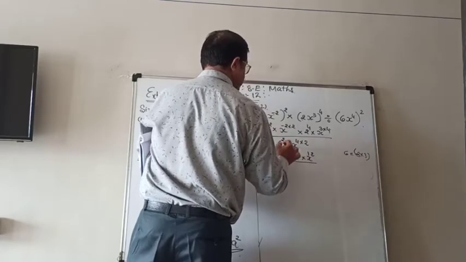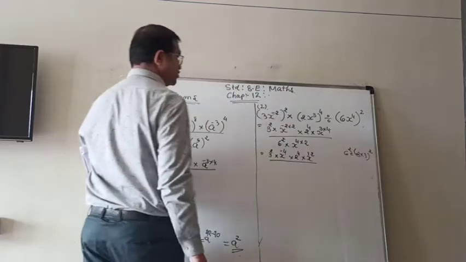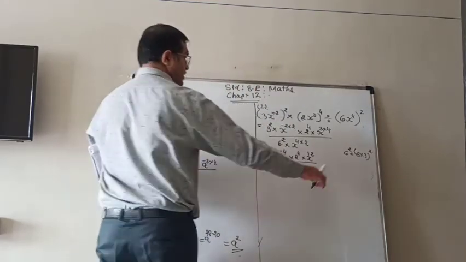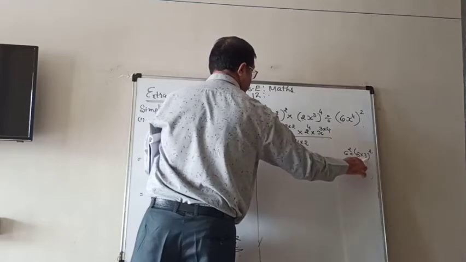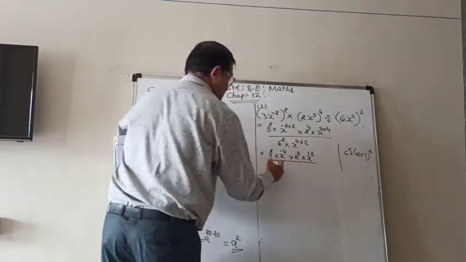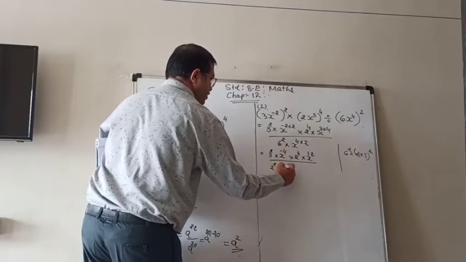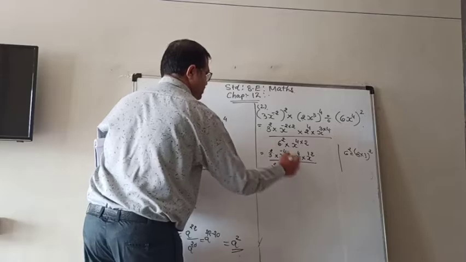But 6 square is there, so we have to write the square of that also. And then as per the rule, 2 will get the power and 3 will get the power. So for reference you can write like that. So in place of 6, what will we write? 2 raised to 2 and 3 raised to 2 also.